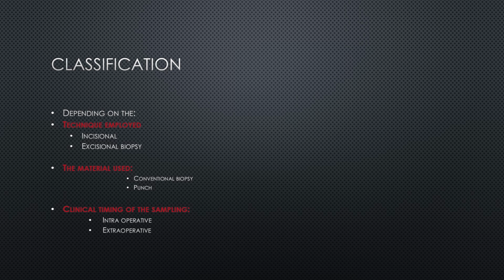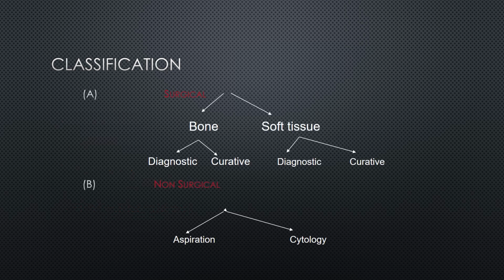The next thing is the materials used: one is the conventional biopsy and the punch. Then the clinical timing of the sampling, the intraoperative and extraoperative. So classification of the biopsy. Biopsies we classify into two things: one is the bone biopsy and one is the soft tissue biopsy.